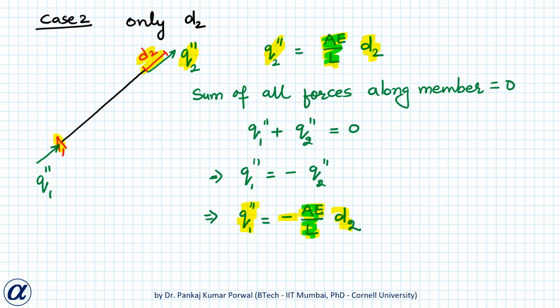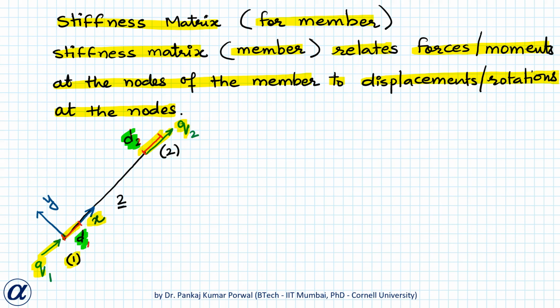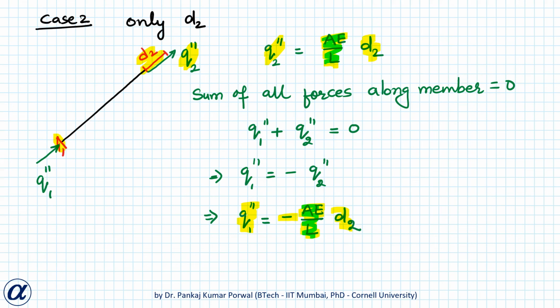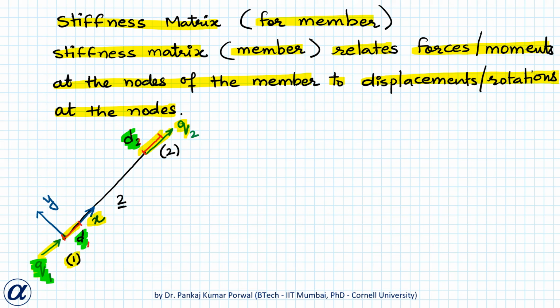Now, because in our original member we have both D1 and D2 acting simultaneously on the member, the results for the original member will be a superimposition of case 1 and case 2. So we can write the resultant forces Q1 and Q2 as Q1 equals Q1 dash plus Q1 double dash, and Q2 equals Q2 dash plus Q2 double dash.